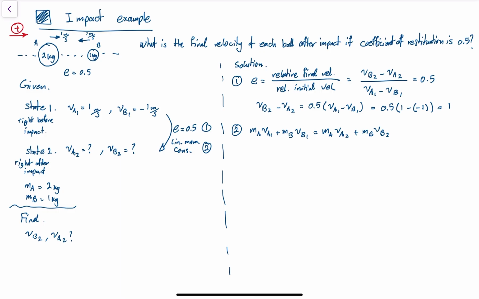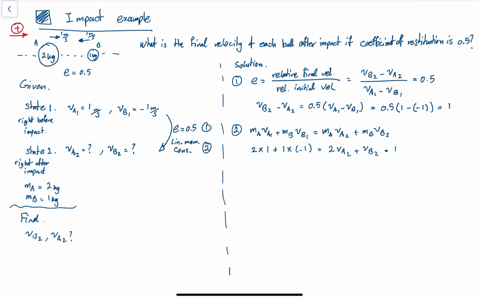Right? Yes. And here, MA VA1 is 2 times 1 plus 1 times minus 1 equals 2VA2 plus VB2. And 2 minus 1, this one is also equal to 1.